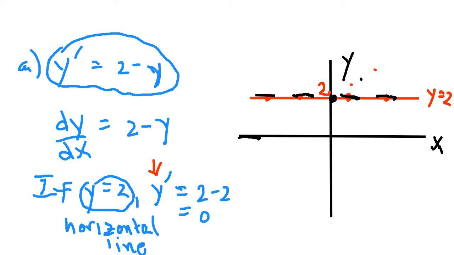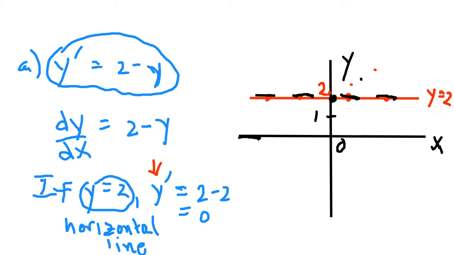Now let's pick another value. Let's pick a value, and here's 0. Okay, let's pick some values over here.